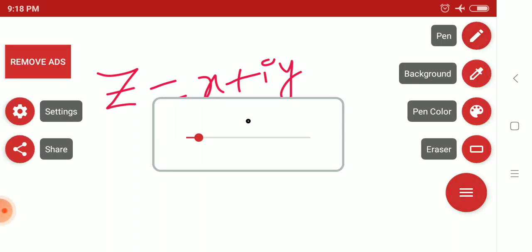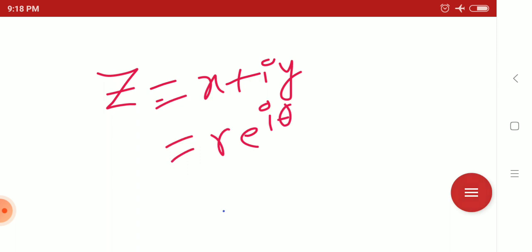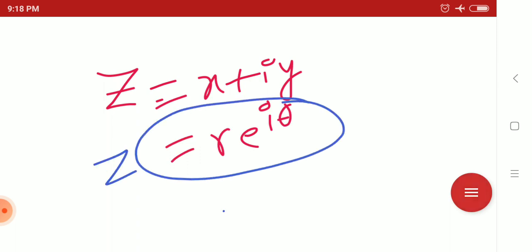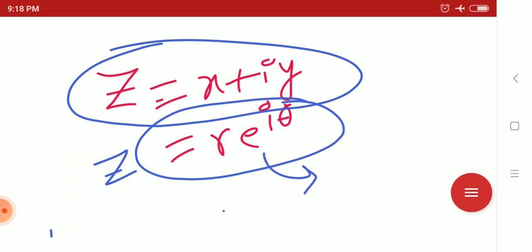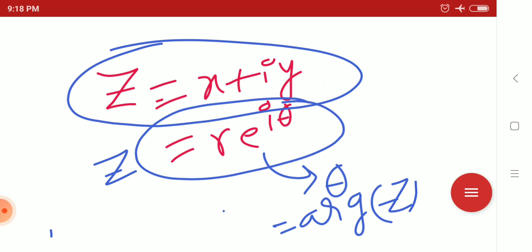This is the polar form of the complex number, and here it is the Cartesian form. Theta is the argument of z, the angle made by the complex number with the real axis. Always remember this. If theta is anticlockwise, it will be positive, and if clockwise, it will be negative.